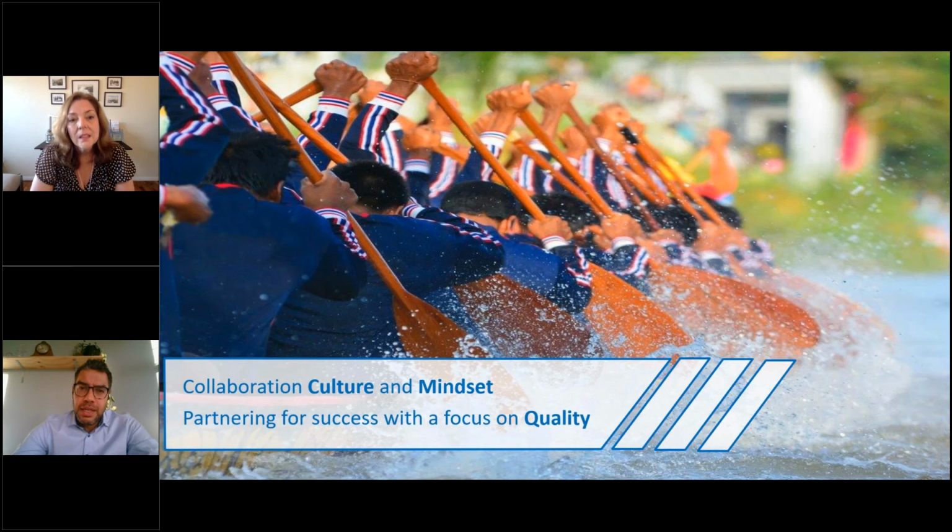But that's why it's a deliberate choice you need to make to say, you know what? I'm going to trust you, and I'm going to share all those things with you so that I enable the rest of the team to help us achieve the goals that we have set together as one team. It's really a mindset that we're all in this together, and only together can we create success.